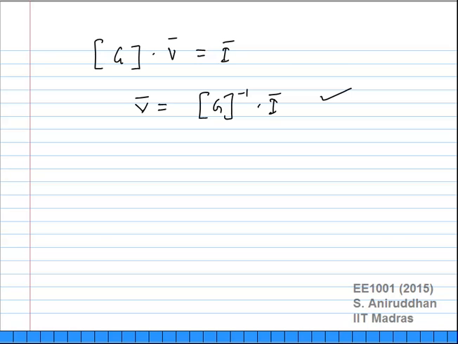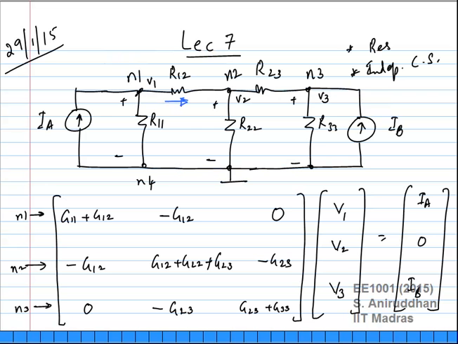Okay. We also saw what will happen if you start adding other current sources. For example, if I had added a current source like this, I'll call that IC. What will happen to this equation? So this is an independent current source, okay. So I don't expect the conductance matrix or the voltage matrix to change.